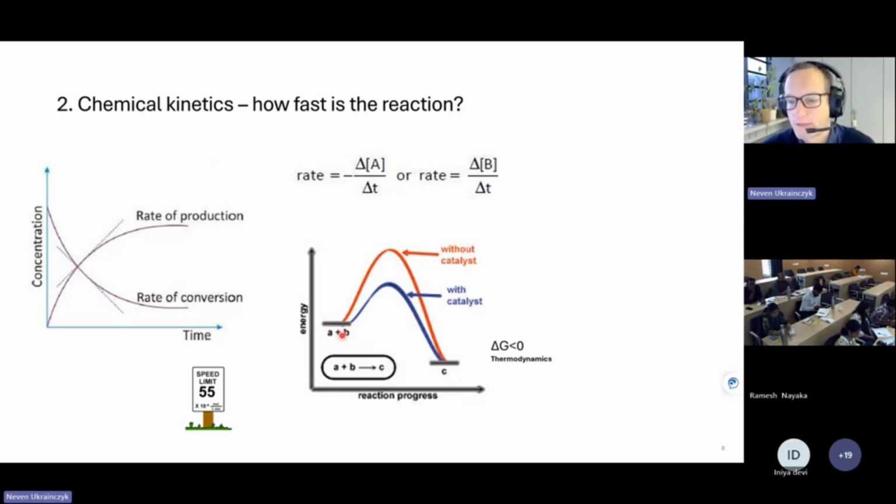Not all atoms have enough energy when they collide to react. Only a certain amount of atoms with high energy, and we have a distribution of energy of how the atoms are moving, this Brownian motion.